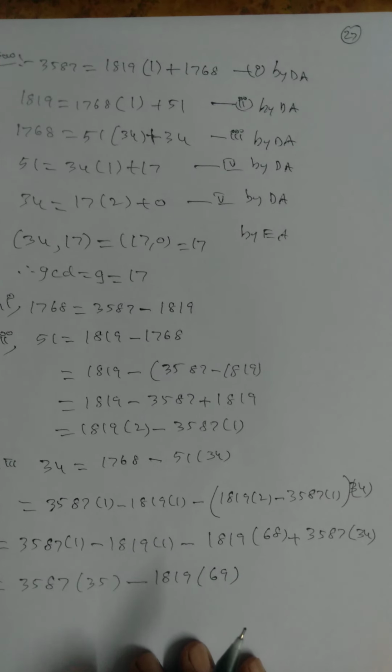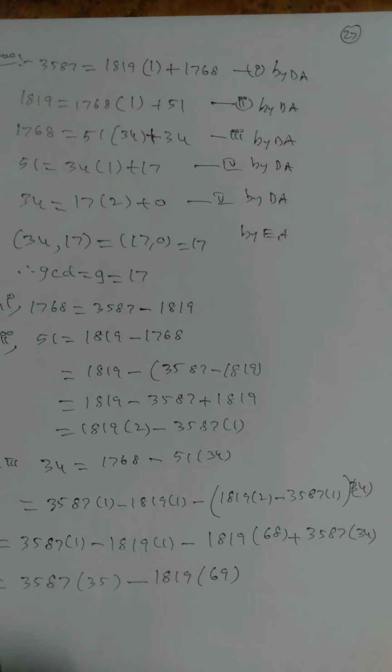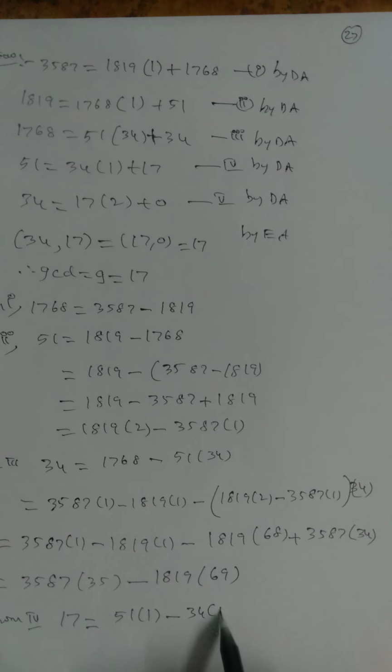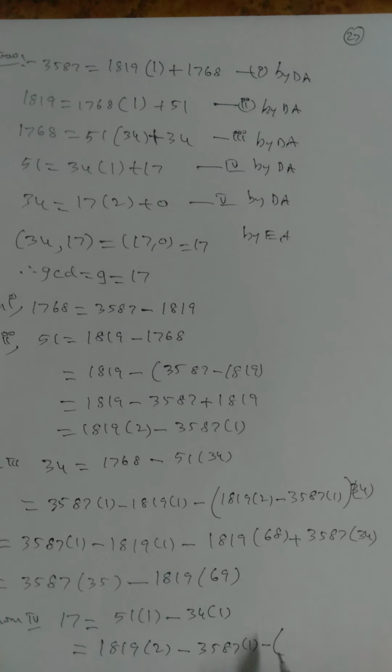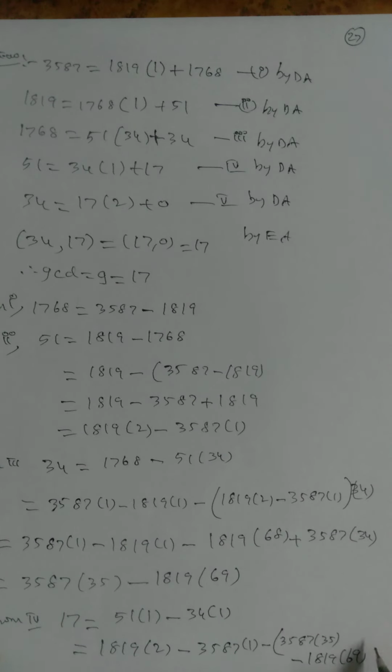Next, our GCD is 17. So 17 is equal to, from 4, 51 into 1 minus 34 into 1. So the 51 value is 1819 into 2 minus 3587 into 1, minus bracket, the 34 value, 3587 into 35 minus 1819 into 69.